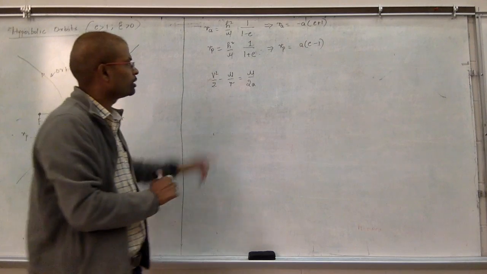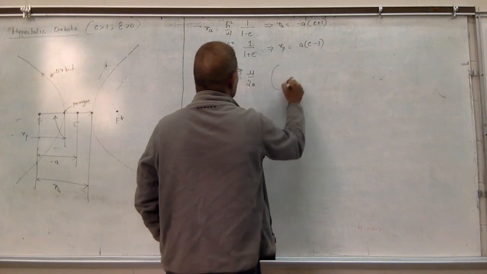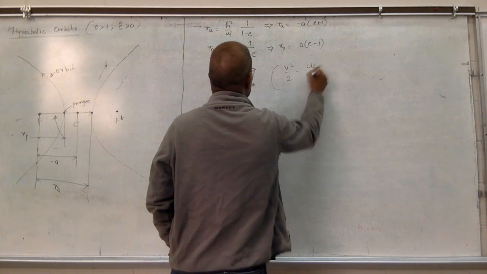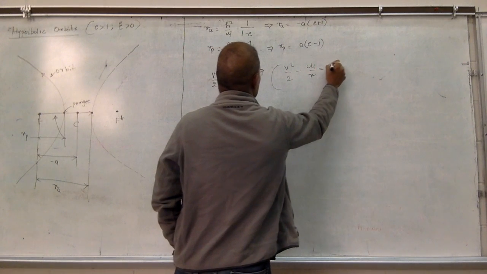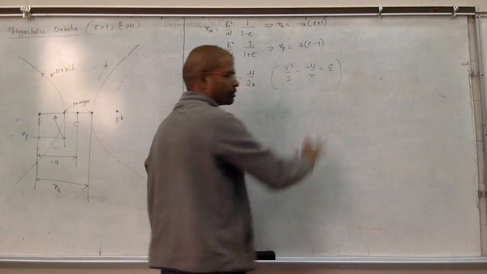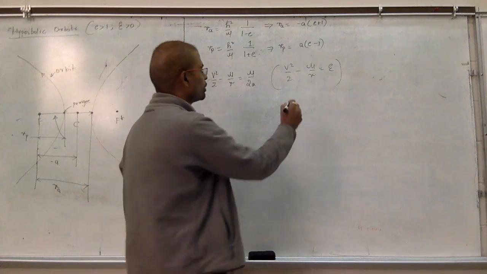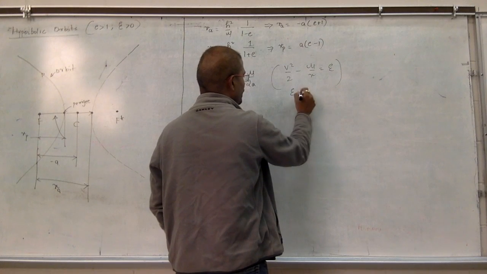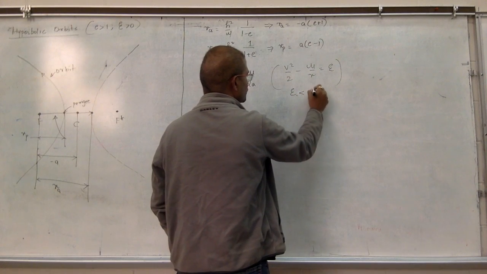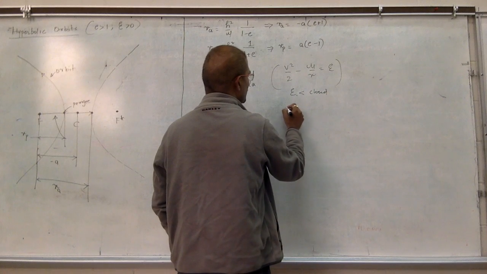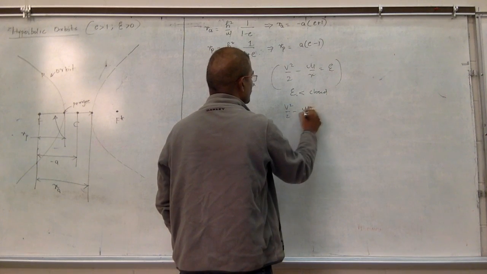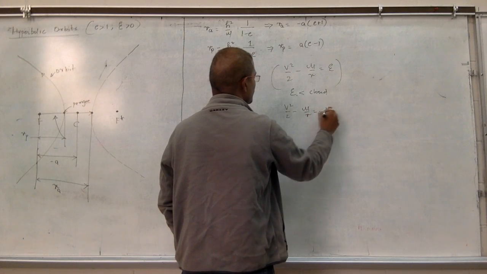So the general term is, you see, this is what we started with. If you remember, it is epsilon, right? This is universal. Epsilon is negative for closed orbits, so it becomes v squared over 2 minus mu over r equal to minus mu over 2a.